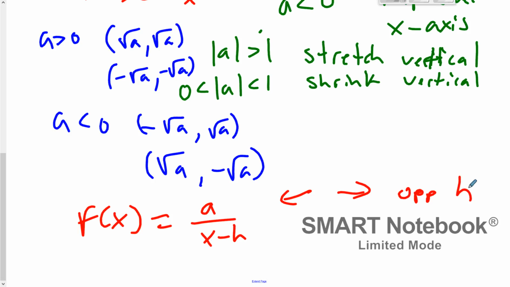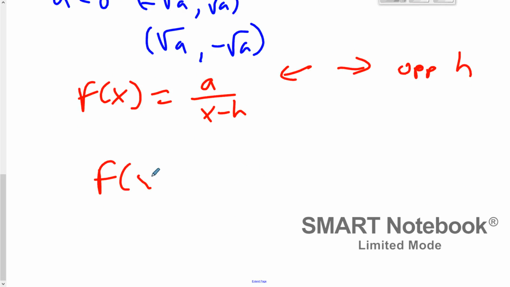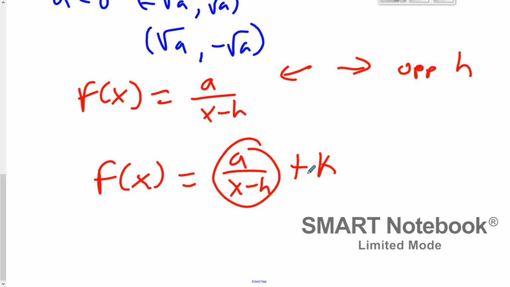Then whatever is added or subtracted at the end, after I do my function, moves it up and down, and it's whatever k is, k amount. So if k is positive, it moves up. If k is negative, it moves down.